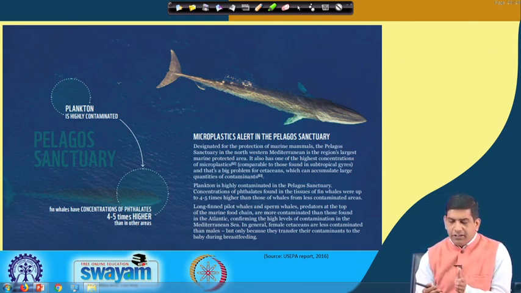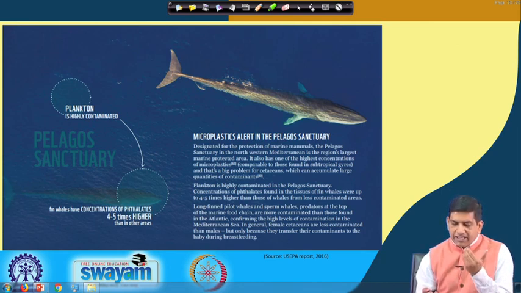Microplastics are a concern even in this sanctuary, which is designated for the protection of marine mammals. The Pelagos sanctuary in the northwestern Mediterranean is the region's largest marine protected area, and unfortunately it also has one of the highest concentrations of microplastics.